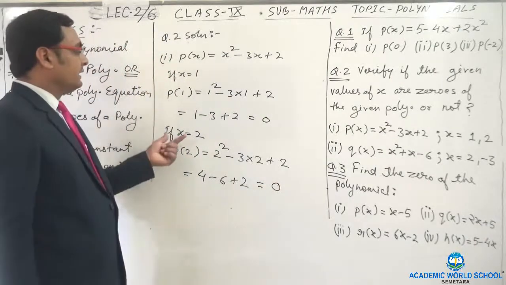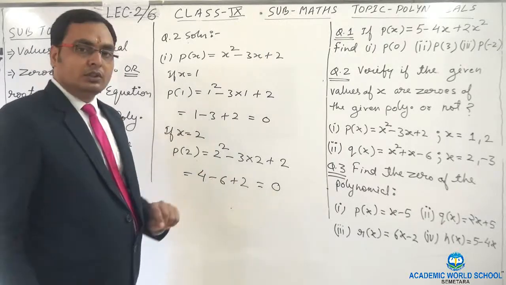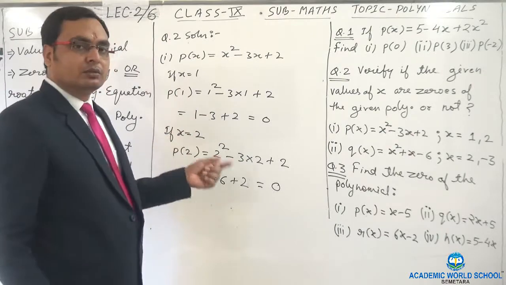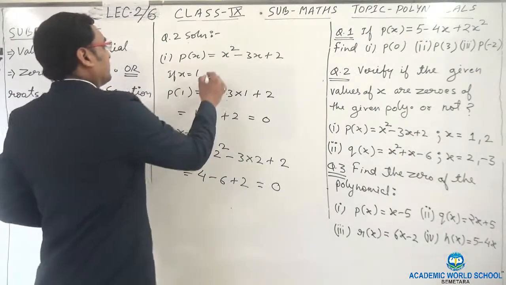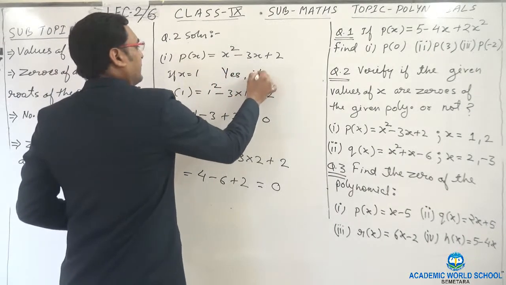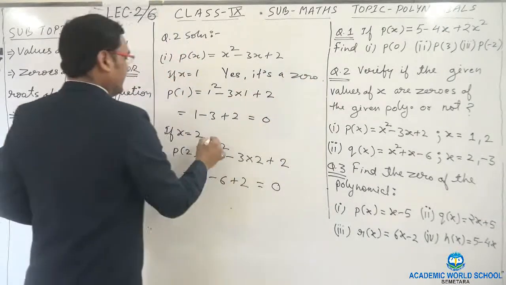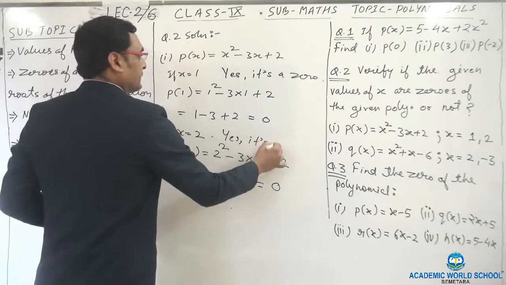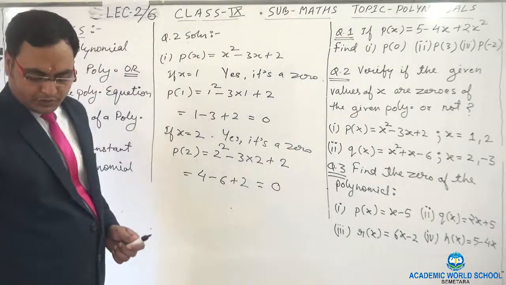So for this value of x also the value of this polynomial is equal to 0. So both of these values, x is equal to 1 and x is equal to 2, are the zeros of this polynomial. So you will write yes, it's a zero, and here also yes, it's a zero of this polynomial.